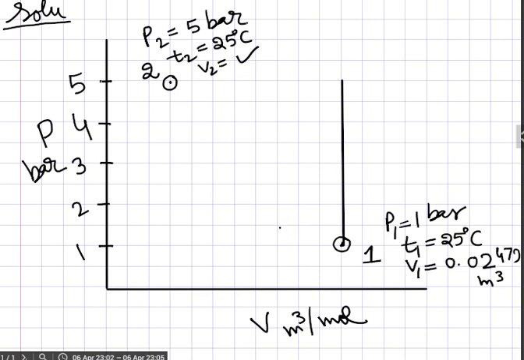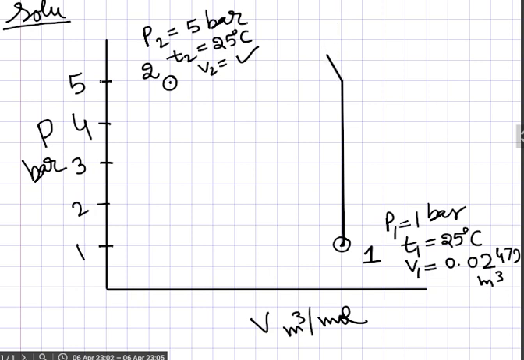If you heat the gas at constant volume, what will happen? The pressure of the gas will increase, and you heat it up to what pressure? You have to create 5 bar pressure in the cylinder, so you need not go further this way, because that will be useless.